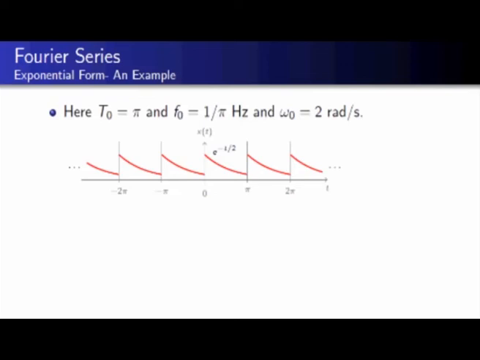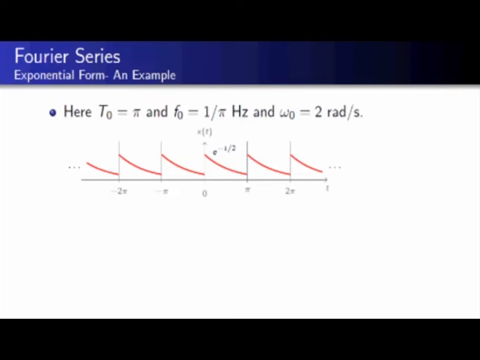So by repeating this function I create a periodic signal, an arbitrary, strange looking periodic signal, okay, where as I said t naught is pi seconds and f naught is 1 by t naught, so it is 1 by pi hertz, which is an irrational number, right?